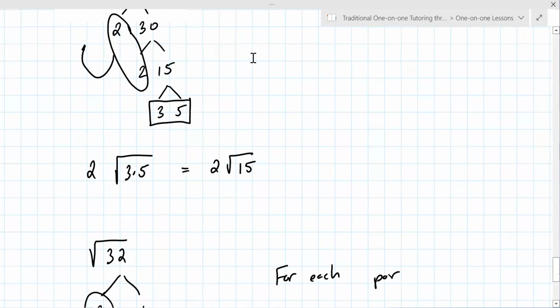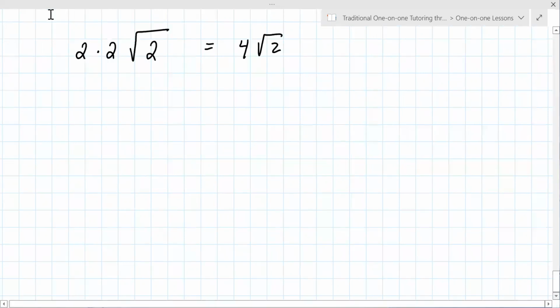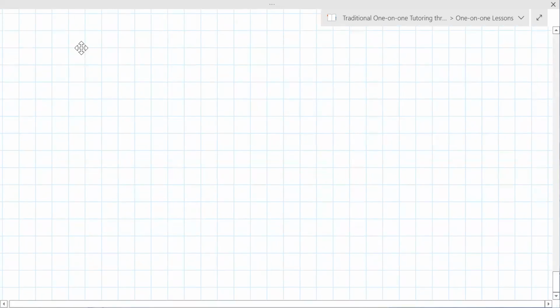Okay. Any questions on this? Because I want to give you one to do on your own. Nope, that made complete sense. Okay. All right. So try square root of 40, please.